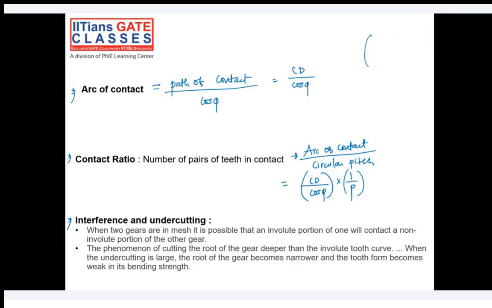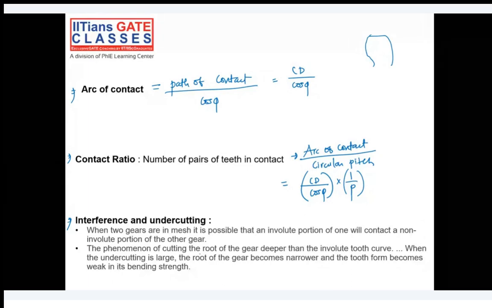And if you are removing the material of the root of the gear deeper than this involute tooth, maybe something like this, you are making some undercutting here that we can use in order to avoid the interference, but ultimately because of it the root will become a little bit narrower. If you are doing it from both sides, it will become narrower, and it will make the tooth weak in its bending strength.